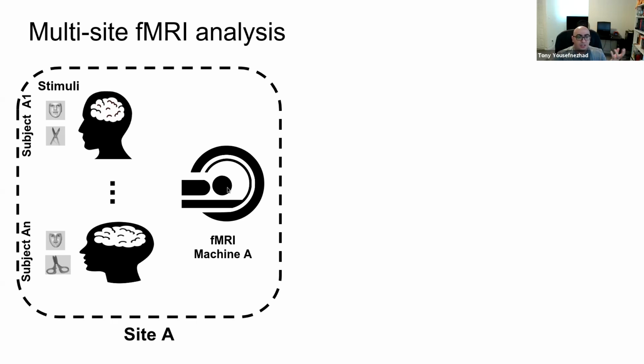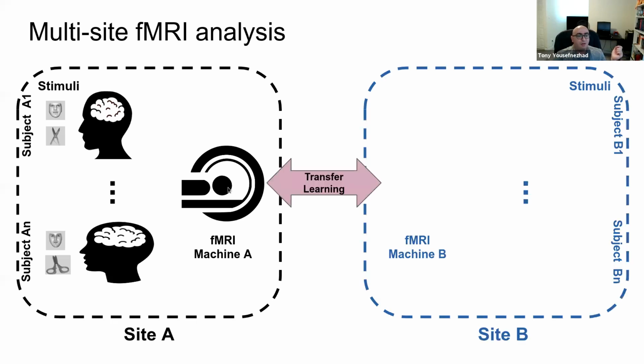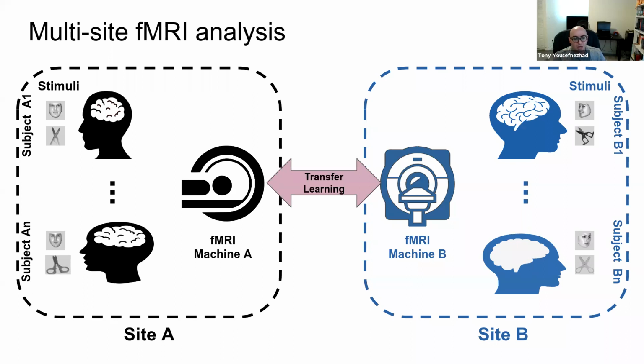But we don't want to create a brain cognitive model that works only on this machine, right? We want to extend it to other sites. For instance, we want to learn from Edmonton data and apply it to Calgary. That's the reason we do multi-site fMRI data analysis.